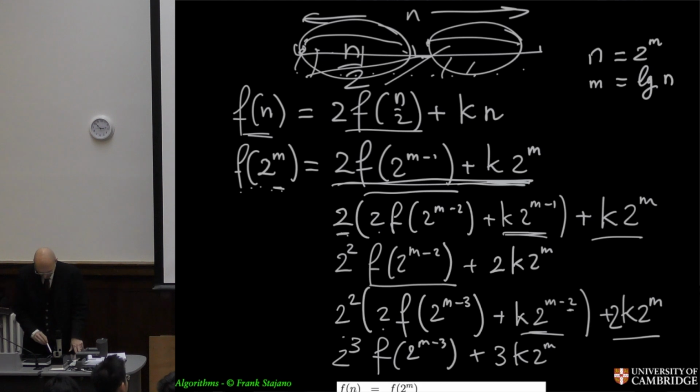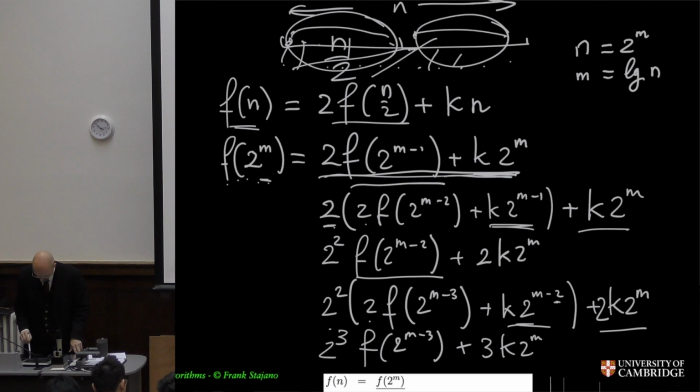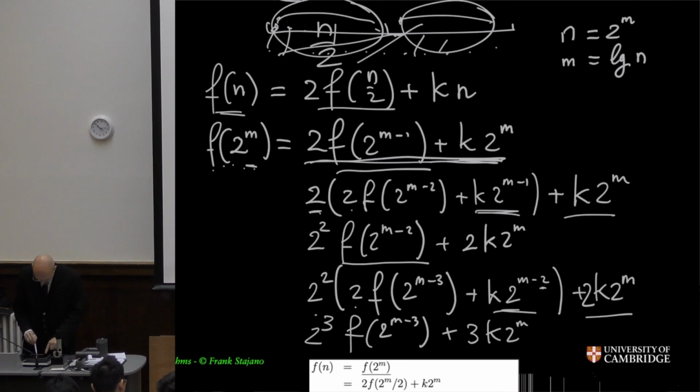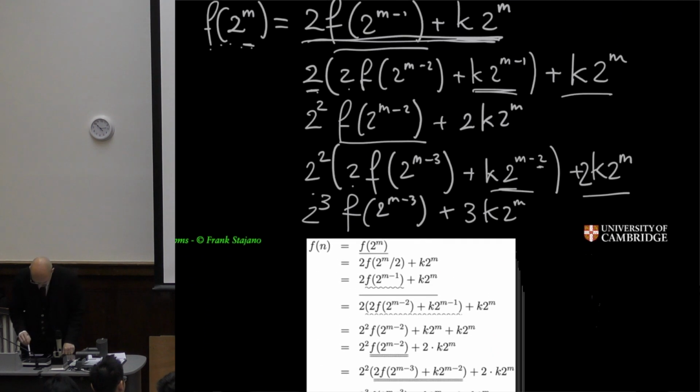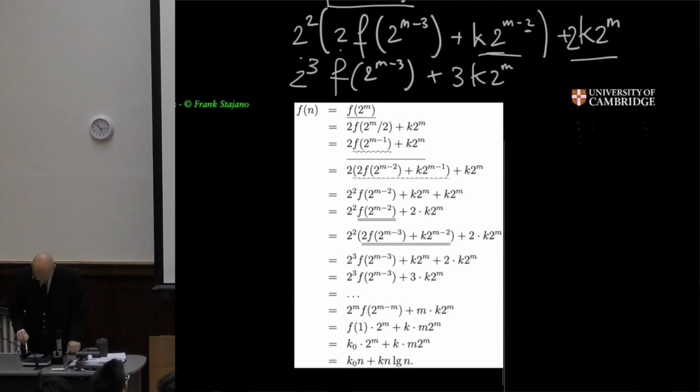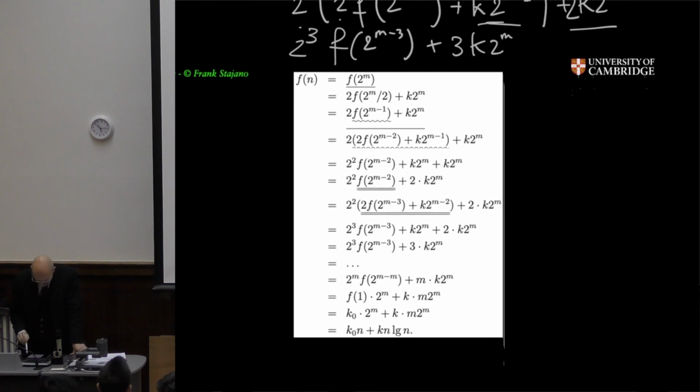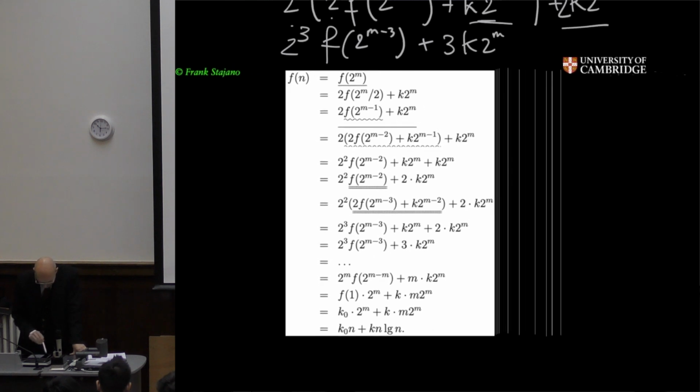And so why don't I just write it out? I think this is a copy of what you had in your handout. I got to the stage of doing it with a 3. And I get to this.